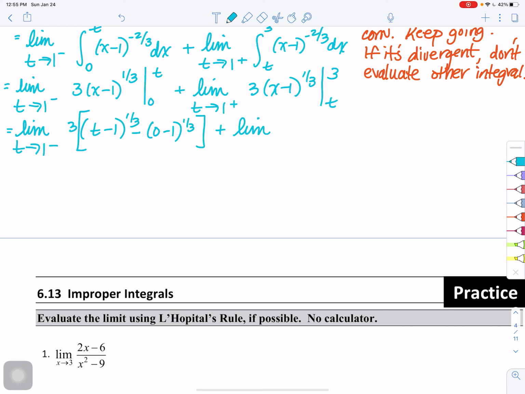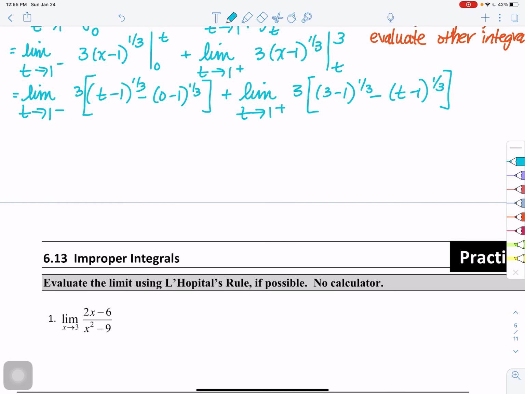Plus the limit as t approaches 1 from the right, keep that 3 on the outside, and we have 3 minus 1 to the 1/3 minus t minus 1 to the 1/3. And you can't cancel these out because the t is approaching from a different direction. So make sure you get that. Okay, let's have a cleanup line. T approaches 1 from the left. And as you can see right here, this is a negative 1 to the 1/3 power, which is going to be a negative 1.